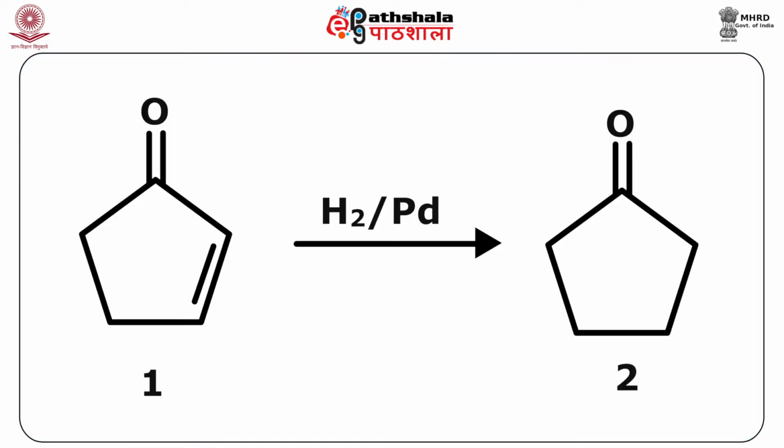The chemoselective reduction of a C=C bond over the carbonyl, which is the C=O bond, is performed by catalytic hydrogenation. Hence, the reaction of cyclopent-2-enone 1 with hydrogen in the presence of palladium gives cyclopentanone, that is, the reduction of the double bond takes place.